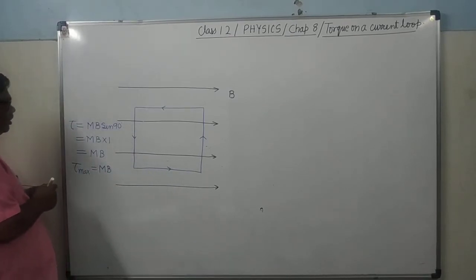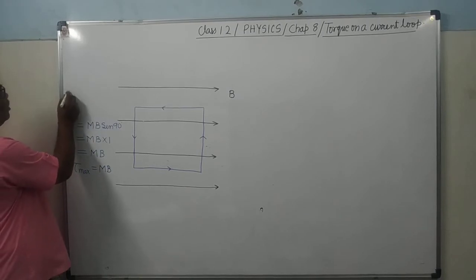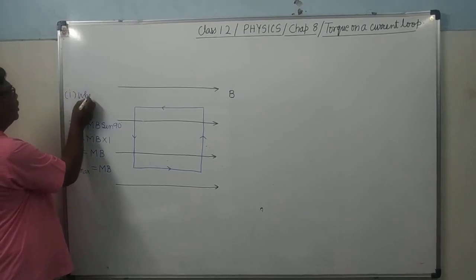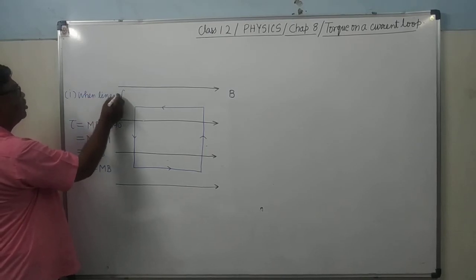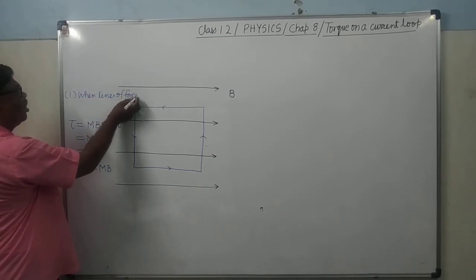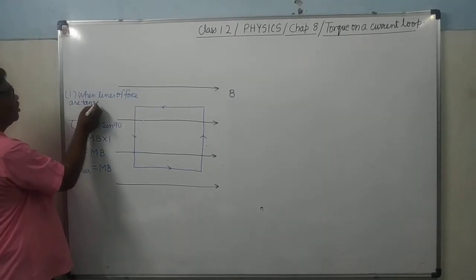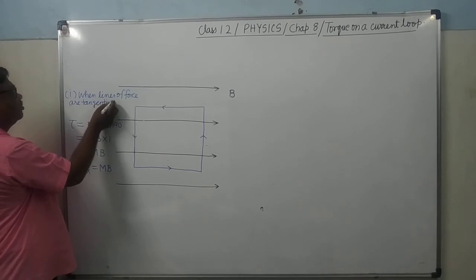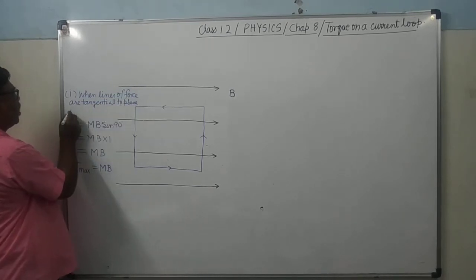In the first case, the lines of force are tangential to the plane of coil.